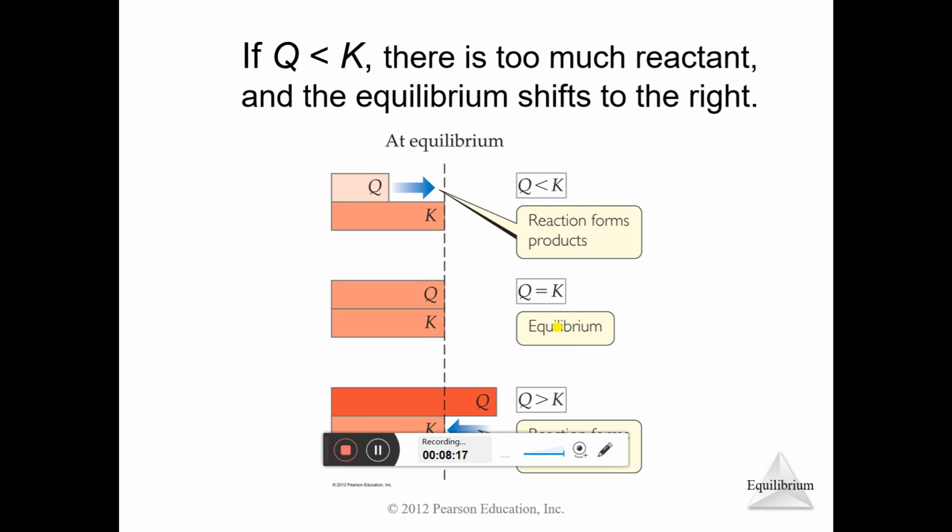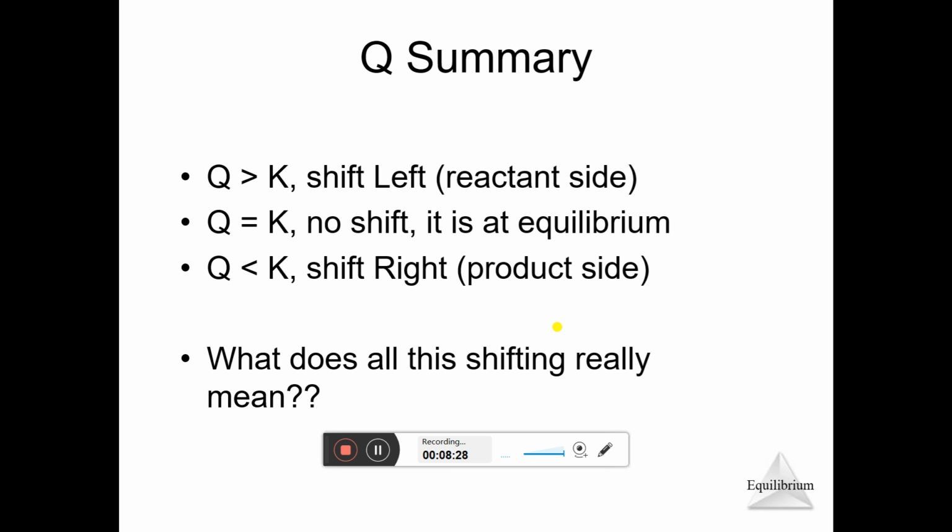If Q is less than K, there's too much reactant, and the equilibrium will shift back to the right, to the product side. We'll talk about shifting in just a second. So here's our summary. If Q is greater than K, shift left towards the reactant side. Q equal to K, no shift, we're at equilibrium. And Q less than K, shift right to the product side.